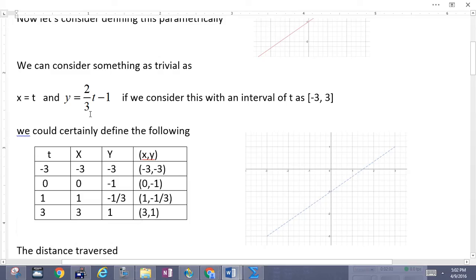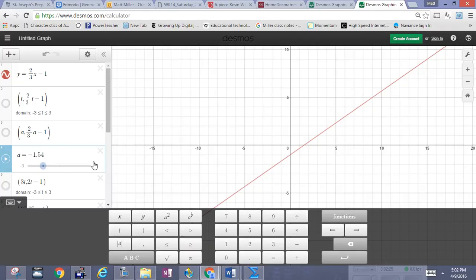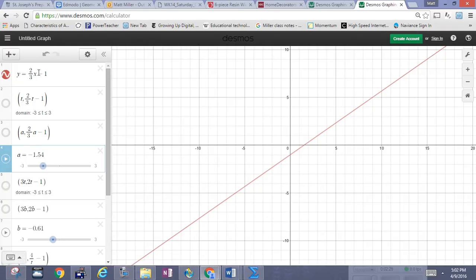So basically what we've done is redefine parametrically the line into a segment, the segment running from (-3, -3) to (3, 1). Let's look at that in Desmos. Here's our line, y equals 2/3 x minus 1.